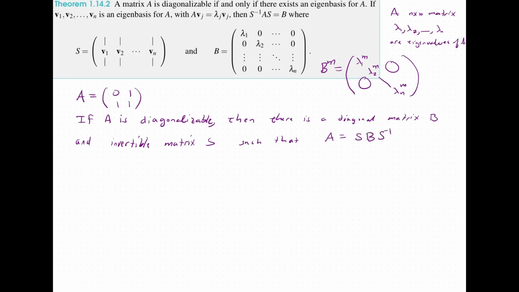And so here what we have done is multiply this equation by S on both sides, so that S times S inverse becomes the identity, and then we have A times S equals SB.